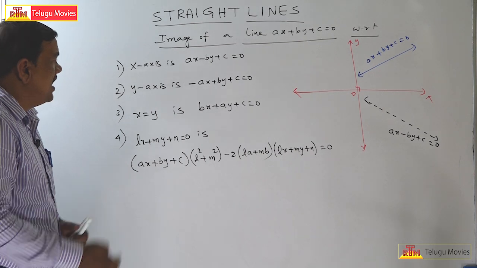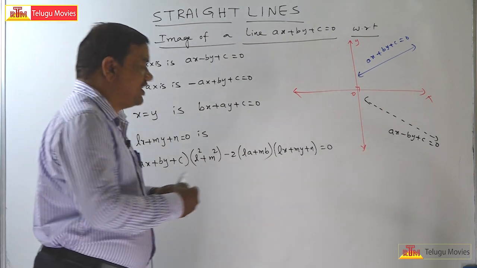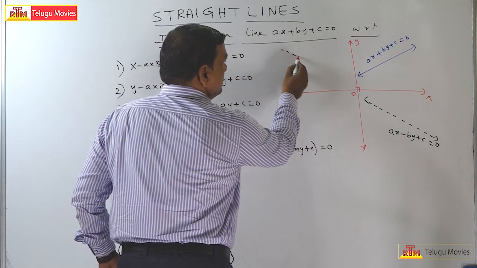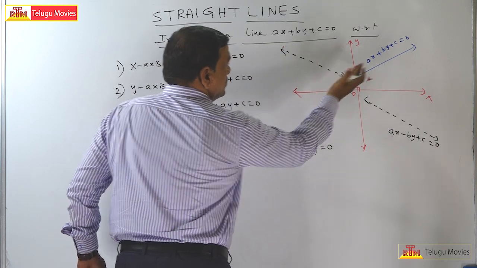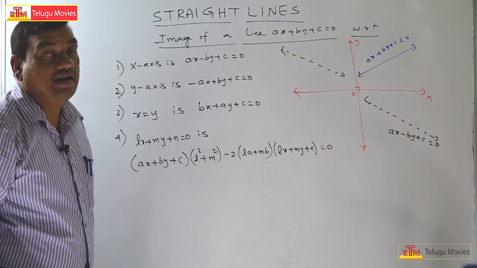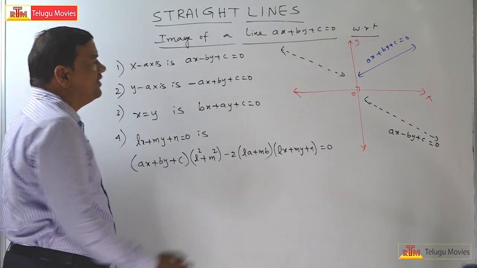Now what is the image of the line with respect to the y-axis? With respect to the y-axis, its image will be like this. If you imagine the y-axis as the mirror, its image will be like that. So what is the equation here?